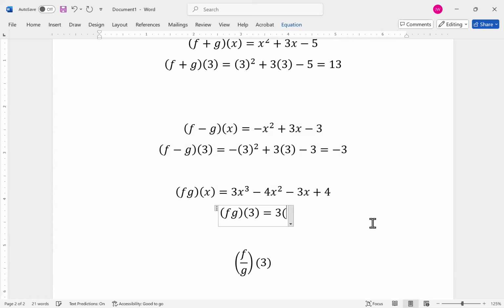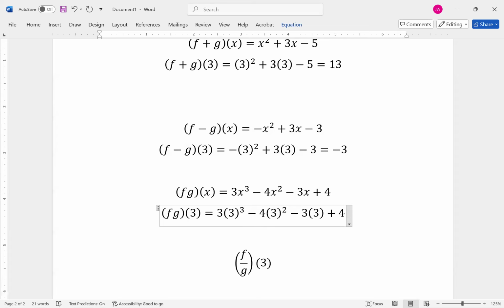We get 3 times 3 to the third power minus 4 times 3 to the second power minus 3 times 3 plus 4. That one I'm going to plug into my calculator.